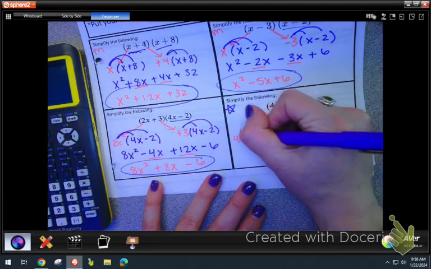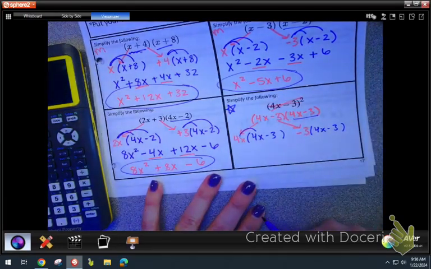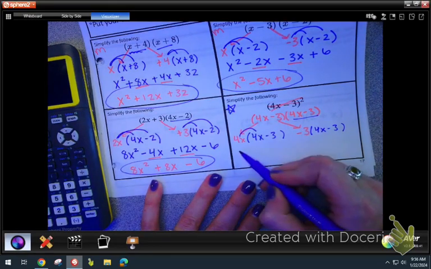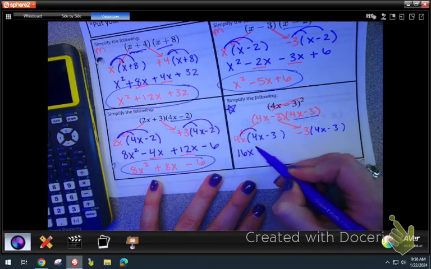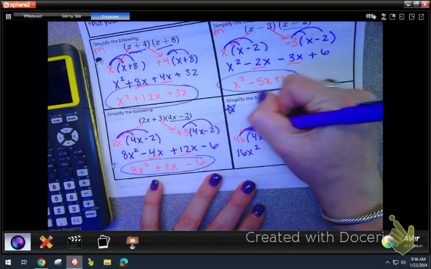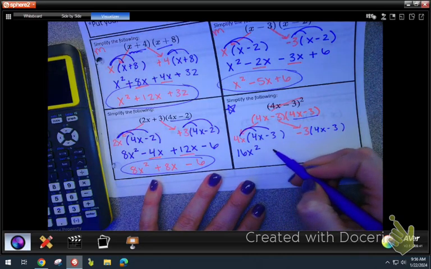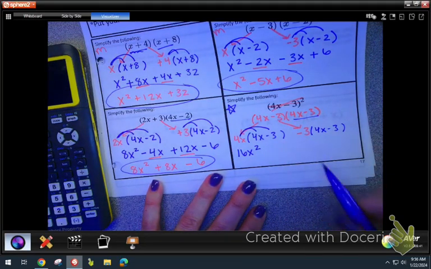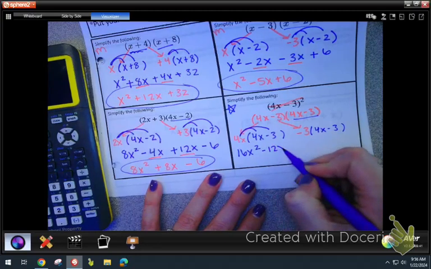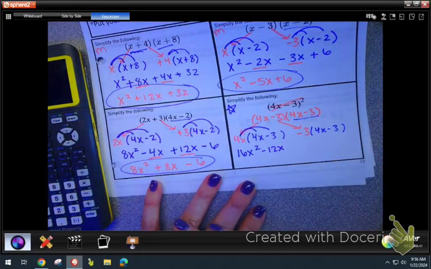Let's do this one together. 4x times 4x, 16x squared. 4x times negative 3. 4 times negative 3, negative 12x.